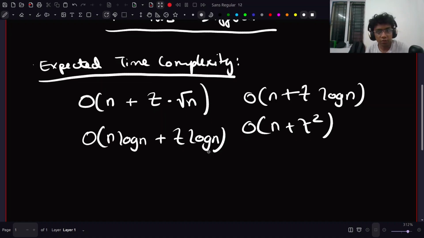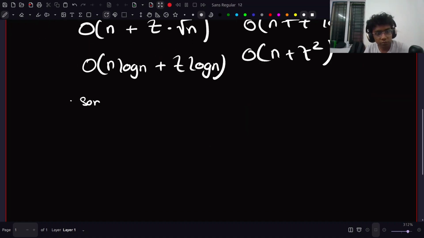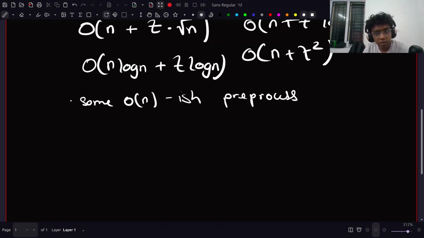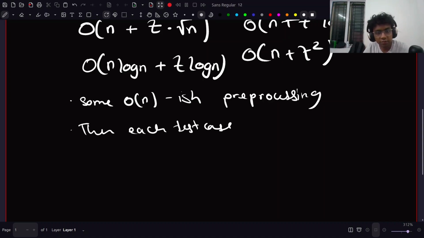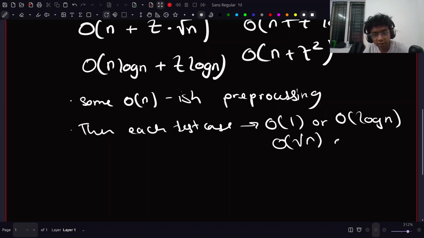This is the intuition we get: some big O of n-ish pre-processing, then each test case should be answered in something like big O of constant, big O of log n, or big O of root n, or similar.